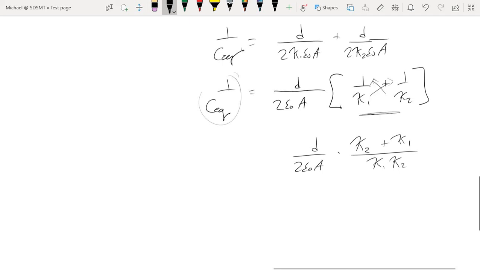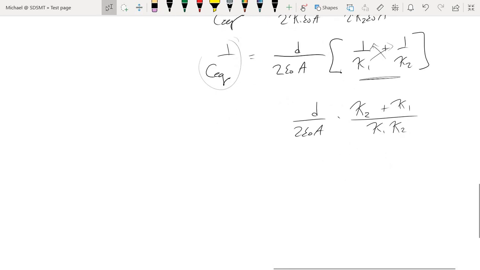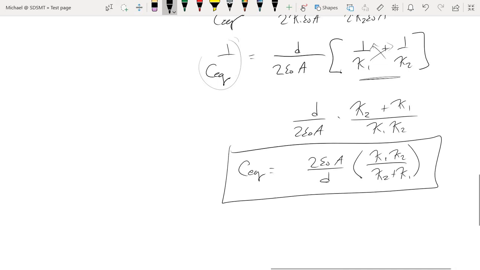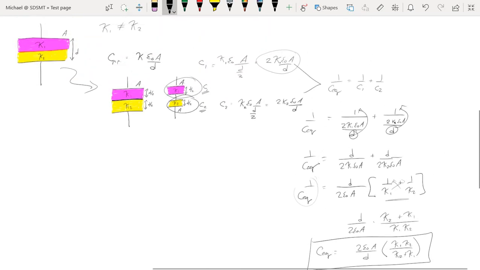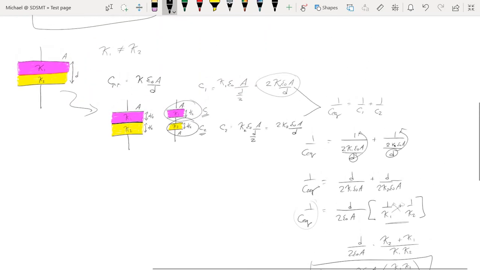We have d over 2 epsilon naught A in the front. And now everything can be flipped. So what do we have now? We have 2 epsilon naught A over d, kappa 1 kappa 2 over kappa 2 plus kappa 1. And that would be the capacitance value of this construct.